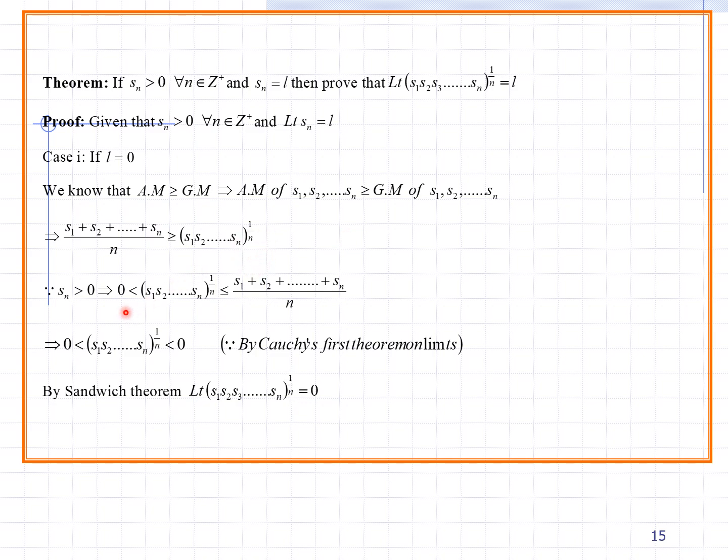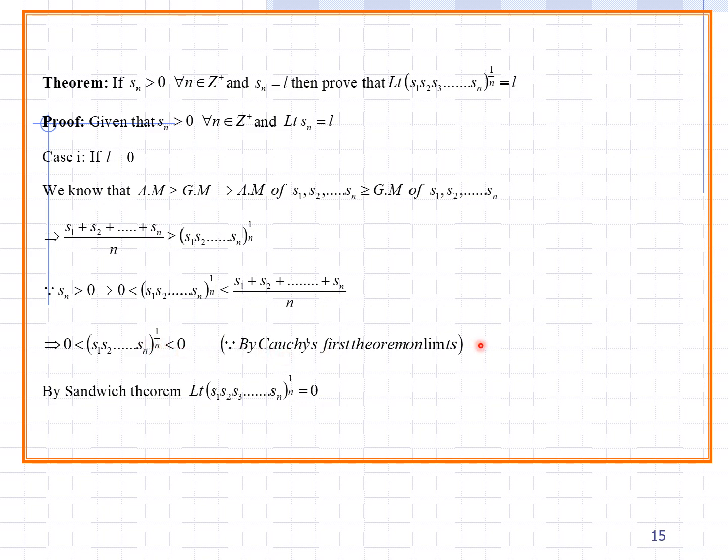Already they said Sn is greater than 0, so automatically this value is bigger than 0. So 0 is less than or equal to (S1 S2 so on Sn) power of 1 by n, which is less than or equal to the arithmetic mean.